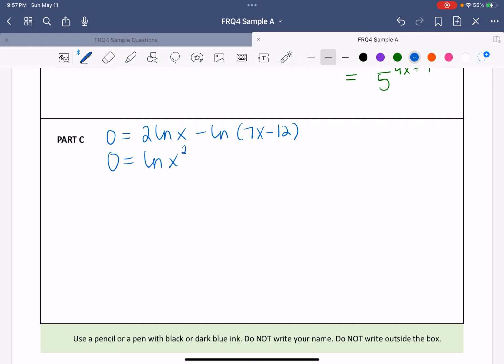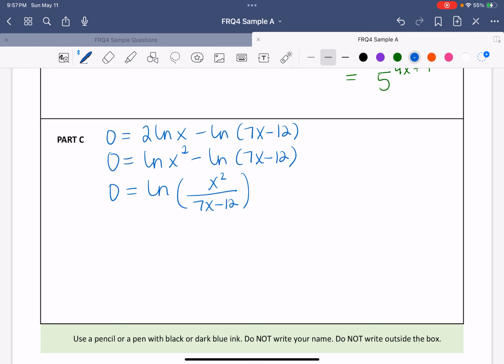So natural log of x squared. Okay, but now I want to combine these as well. If I have a minus sign, that means I need to divide those arguments. So now I have 0 equals natural log of x squared divided by 7x minus 12.